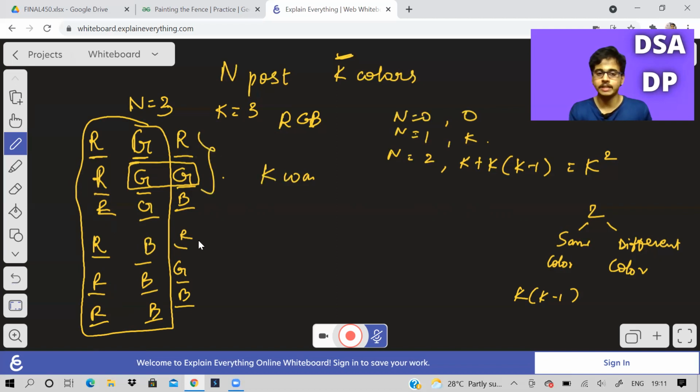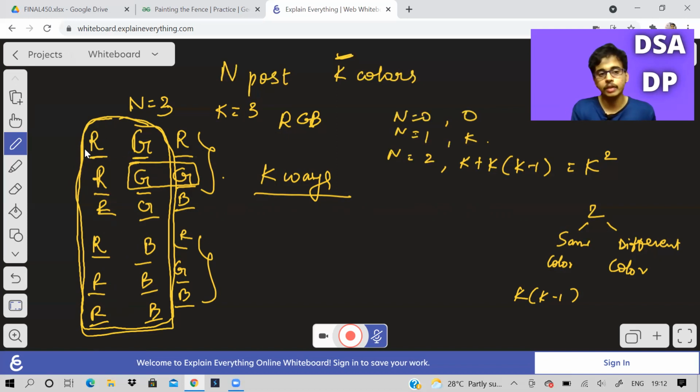I have 3 ways here, 3 ways here. But how many ways are there to make these kinds of combinations? If I consider only the first two posts, it means I am coloring the second post with a different color from the first post, which we have already derived, which is k into k minus 1. You can rewind the video and check.